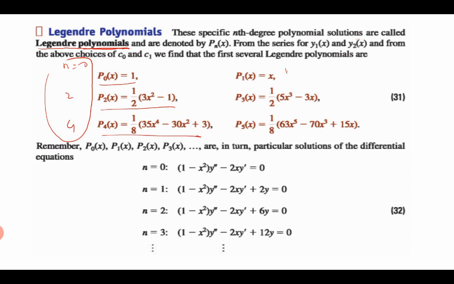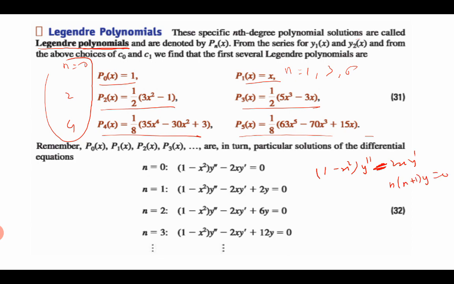And for odd values of n equal to 1, 3, 5, you can find them from the second series. So there are 5 Legendre polynomials, actually solutions of the Legendre differential equation, and we know the general form of the differential equation is given here, which is 1 minus x square y double prime minus 2xy prime plus n into n plus 1 y is equal to 0.